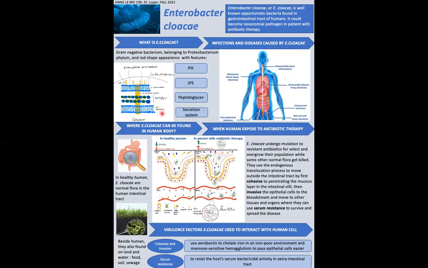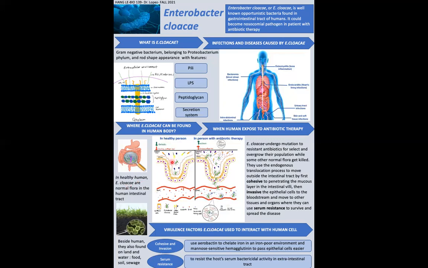So where can Enterobacter cloacae be found? As I said earlier, it can be found in healthy humans. In healthy humans, Enterobacter cloacae is normal flora in the intestinal tract. As you see in this picture, they live really friendly with a lot of other bacteria.